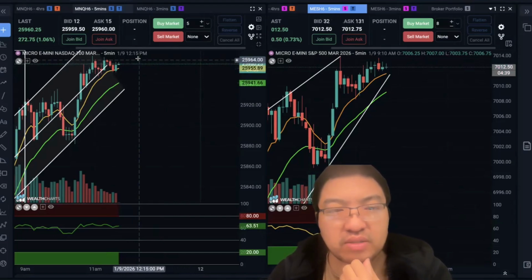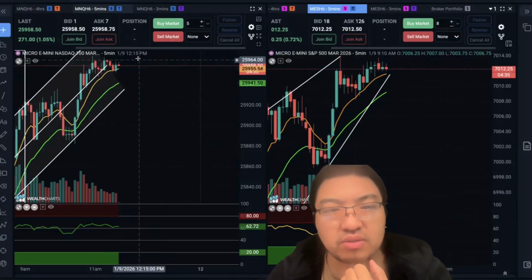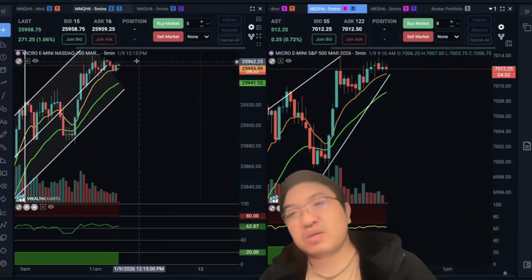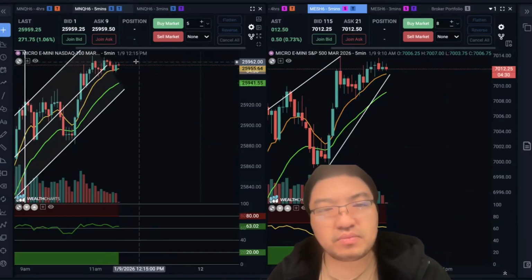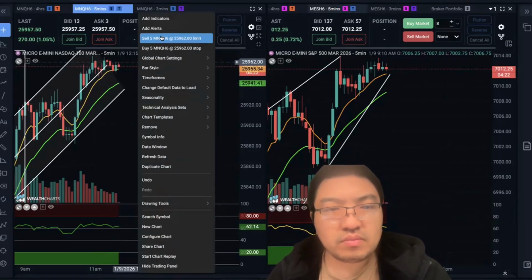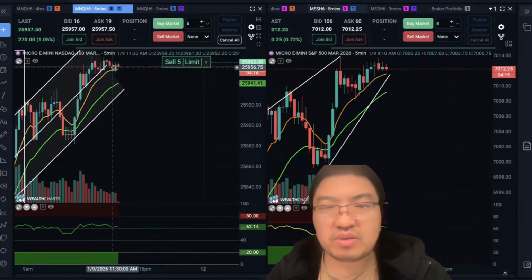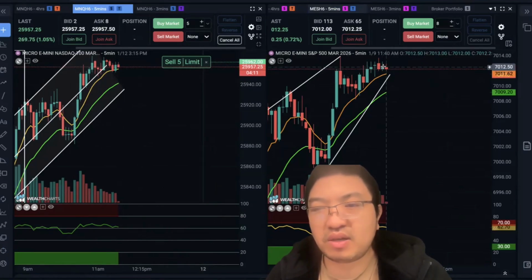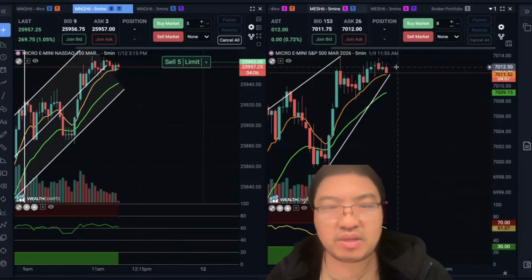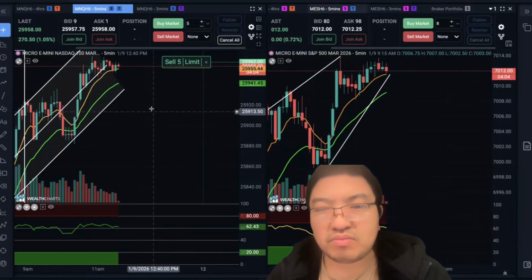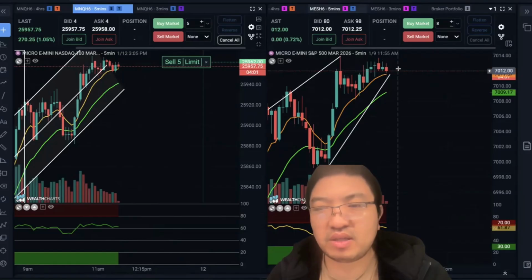Or maybe I can set a lower order here. Let's see. Let's just take some risk. It engulfs the previous one, but for ES it is less than half, showing the lack of upward buyer momentum. So let's just go short here and see if ES creates a lower low.